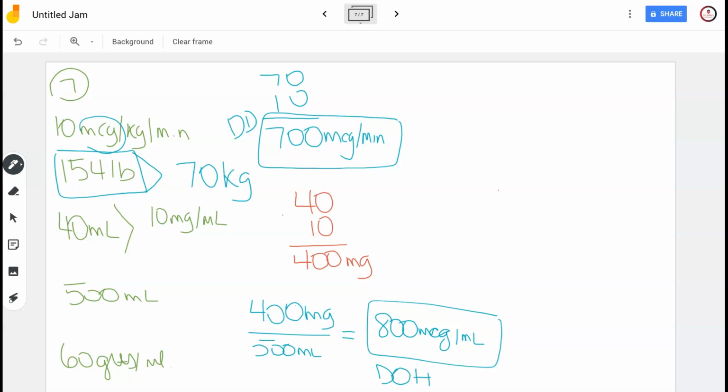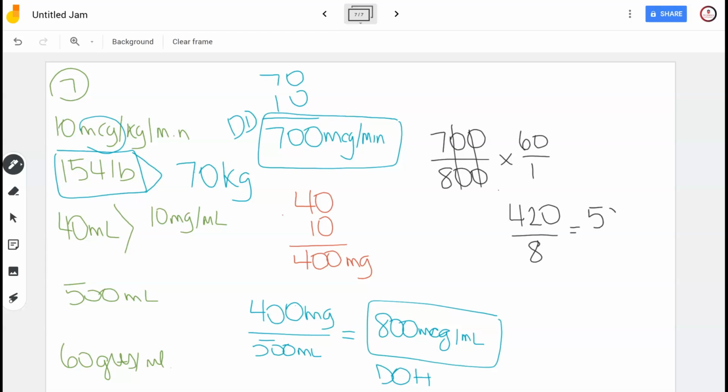And then you plug your numbers into the formula. You have 700 over 800 times 60 over 1. Simplify. So then you have 7 times 60, 420, divided by 8 equals 52.5 drops a minute.